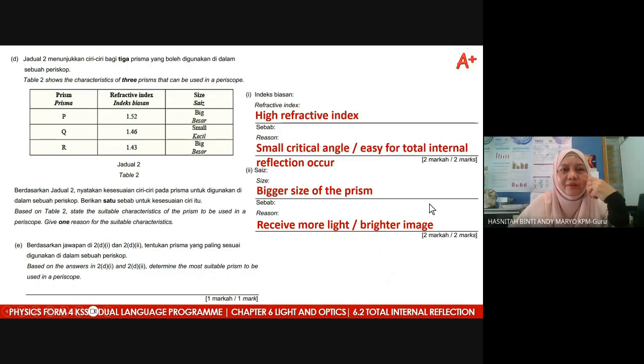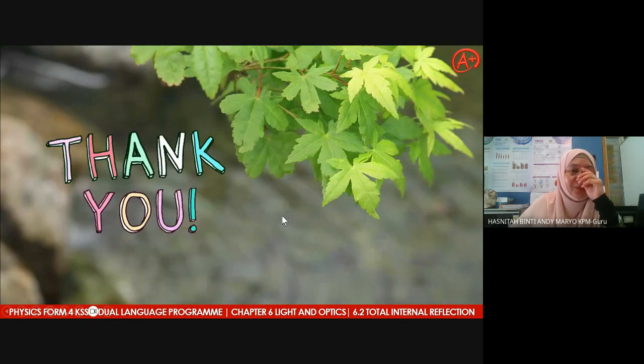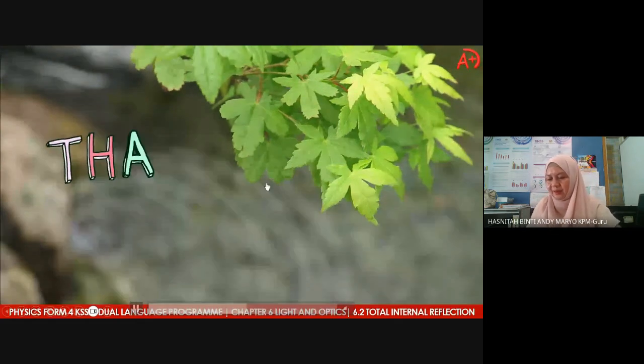According to this, we choose prism P with the refractive index of 1.52, which is the highest among the 3, and it has a big size. Okay, I guess that's all for today involving total internal reflection.